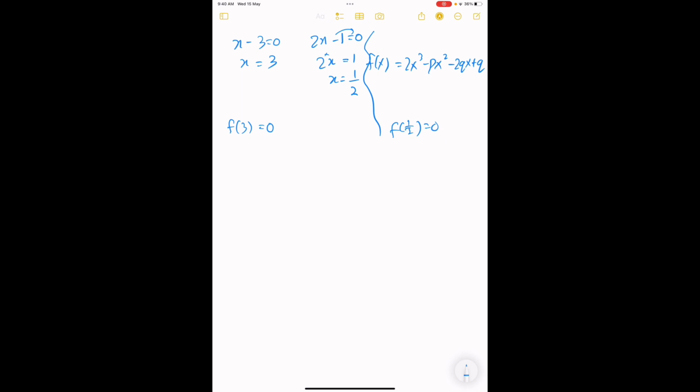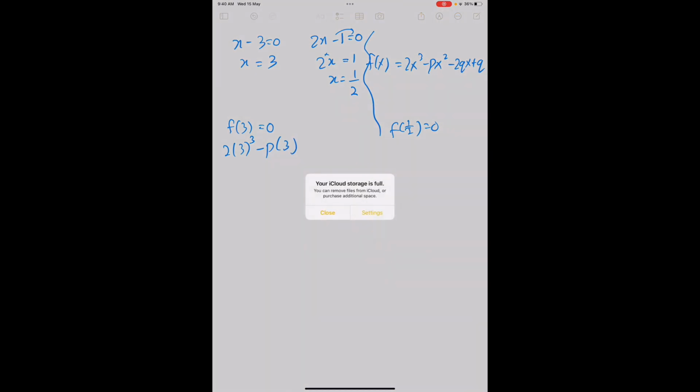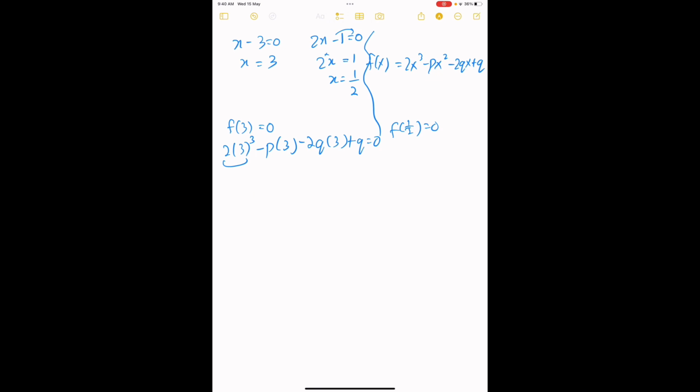So in the function you change the x to 3. So 2(3)^3 minus p(3)^2 minus 2q(3) plus q equals 0. So you solve the number part. So 54, you solve everything, minus 9p minus 6q plus q equals 0.